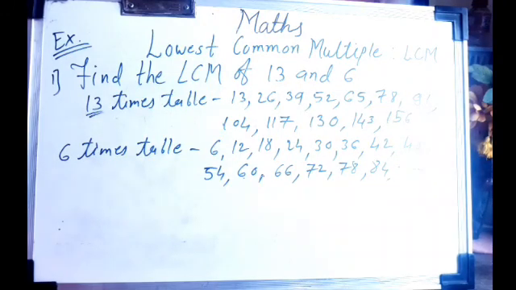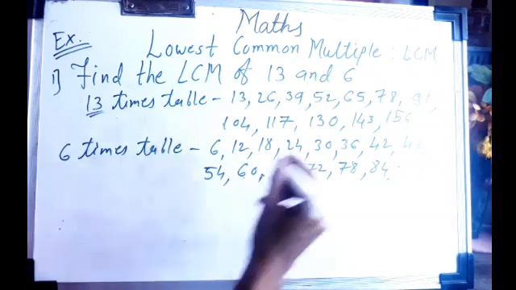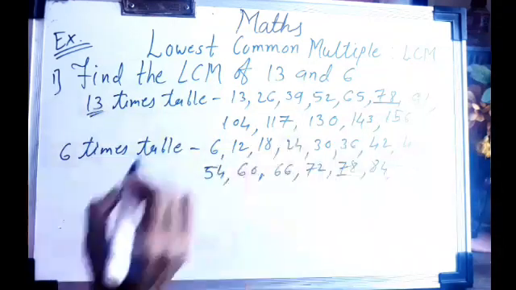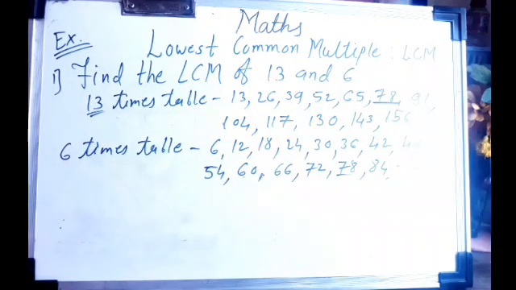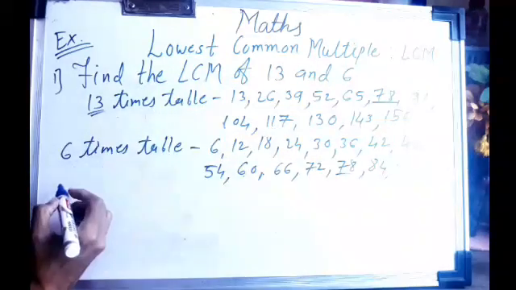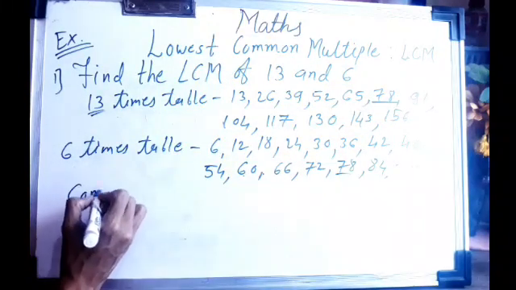Did you find? See, I found one common multiple. The common number there is 78. So when we extend the tables, then we got the common number, or we say common multiple.